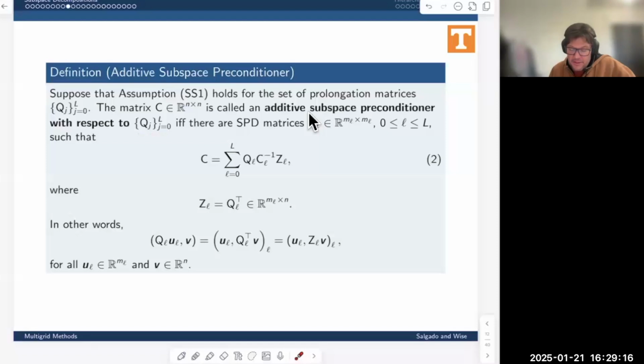The way I'm going to do this is C is going to be the sum of a bunch of matrices, each of which turn out to be square, and size n by n. Now here inside, CL is a matrix, CL inverse is this matrix inverse, and it's therefore size ml by ml. I'm going to pre-multiply it by QL and post-multiply it by QL transpose, which I call ZL.